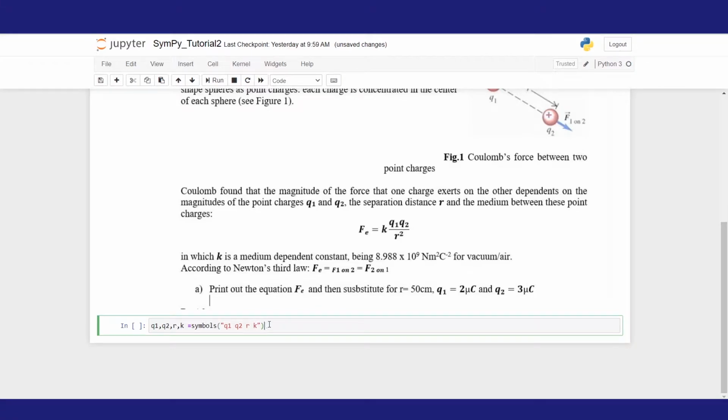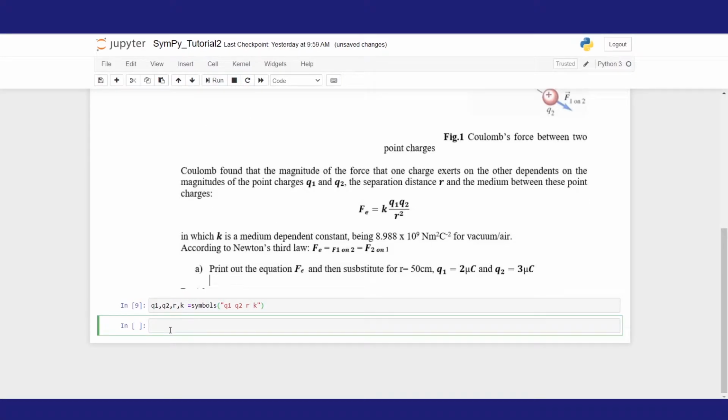So when I'm done with defining all the symbols I'm going to use within this expression, I can run that and go to the next cell. So basically what we need is to write our equation. So the expression, I'm going to call it just fe, and this is going to be equal to k times q1 times q2, and everything over r squared.